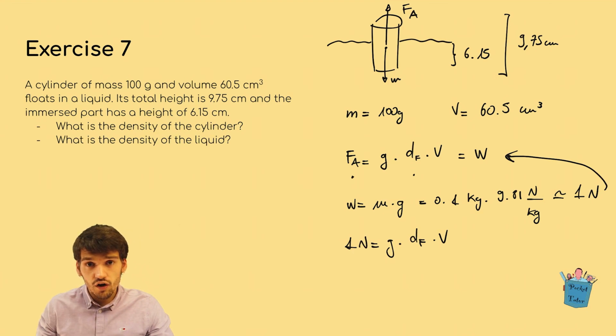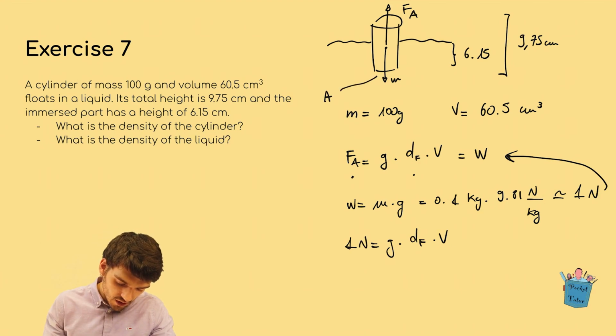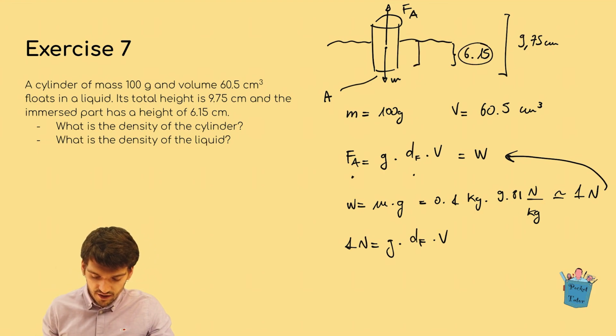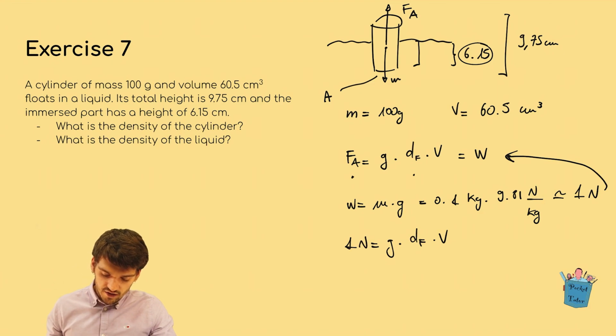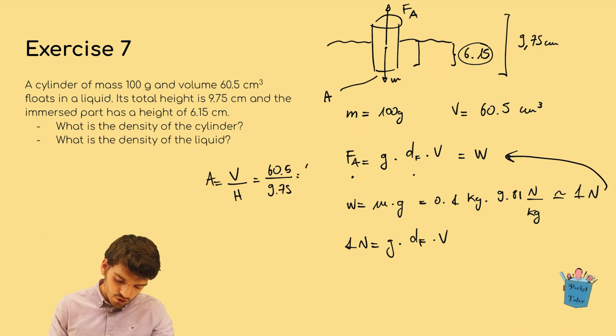To find the volume that is immersed, we just need to find the base area A of the cylinder and then compute the volume of the cylinder immersed, since we already know its height. In order to find the area, we can compute A as the total volume of the cylinder divided by the total height of the cylinder, which is equal to 60.5 divided by 9.75, which is equal to 6.2 square centimeters.